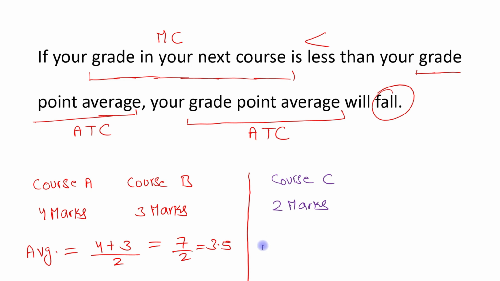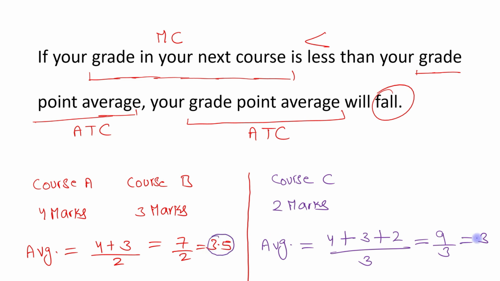Now the new average will be 4 plus 3 plus 2 by 3, which is 4 plus 3, 7, 7 plus 2, 9, 9 by 3, which is 3. So you can easily see that this ATC, this average, has decreased.